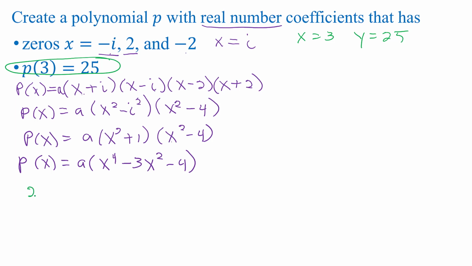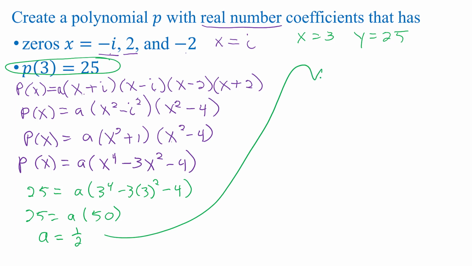So let's have 25 equals a times 3 to the 4th minus 3 times 3 squared minus 4. And so 25 is going to equal a times, this would give us 50. So a equals 1/2.